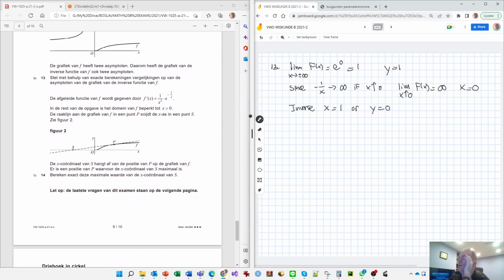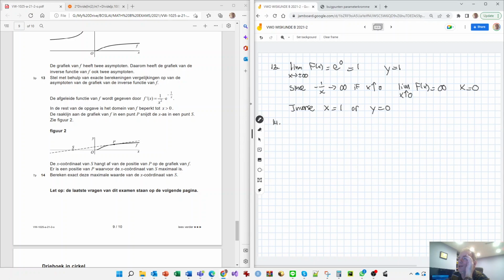Then they talk about a derivative. Okay, they already give it for you, that is nice. And they say the domain is restricted to x greater than 0.